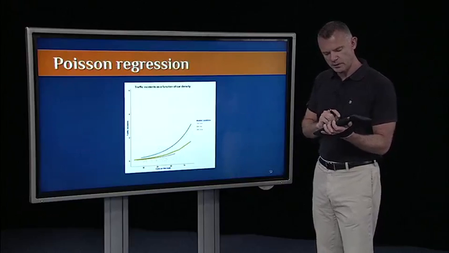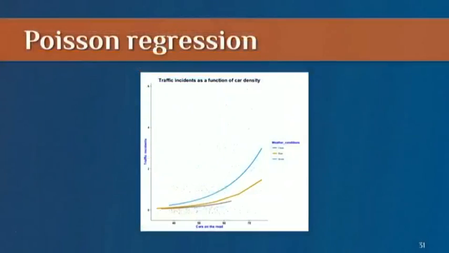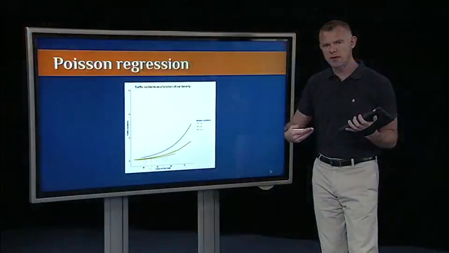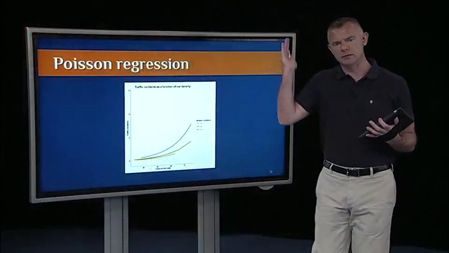So under clear weather, under rain, under snow. What you typically observe with Poisson distributions is you don't get normal distributions. You get distributions that look like the ones in this graph, because we're dealing with count data. They're cumulative.